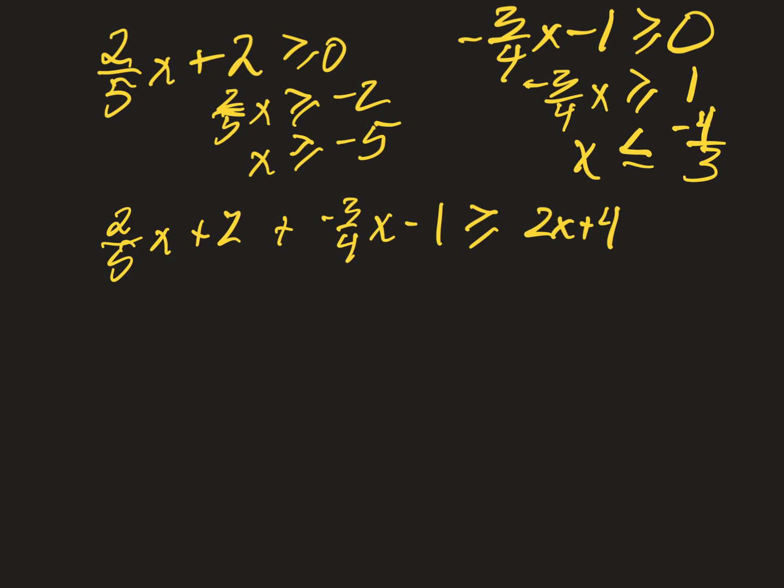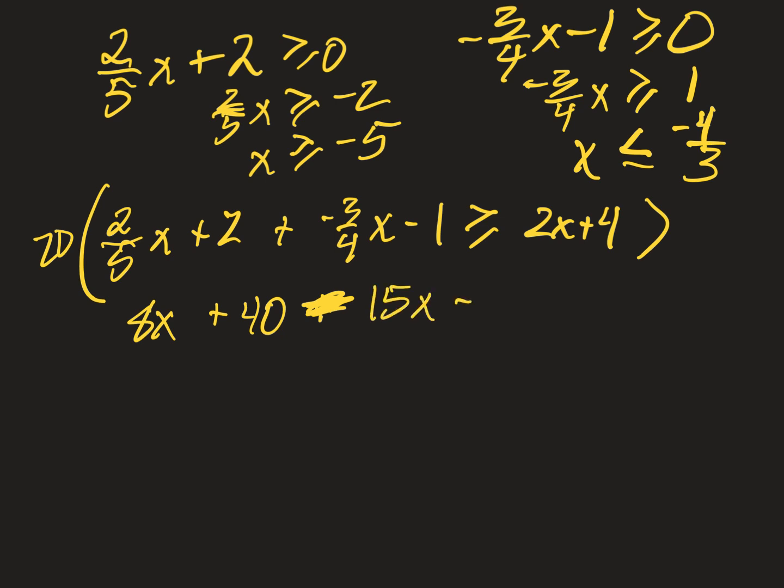So there's a common denominator here of 20 on the left side. Actually, the way I like to do these is I'm just going to multiply the whole inequality by 20. All right. So 8x plus 40 minus 15x minus 20 is greater than or equal to 40x plus 160.